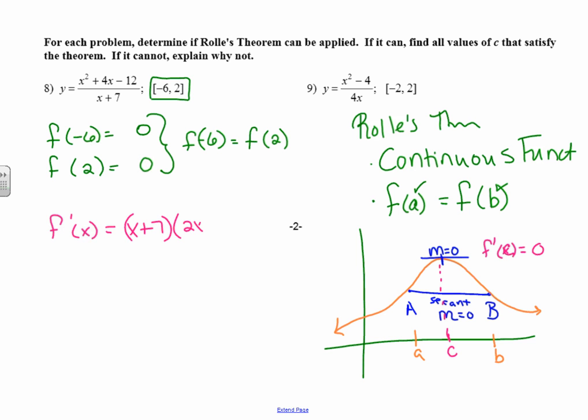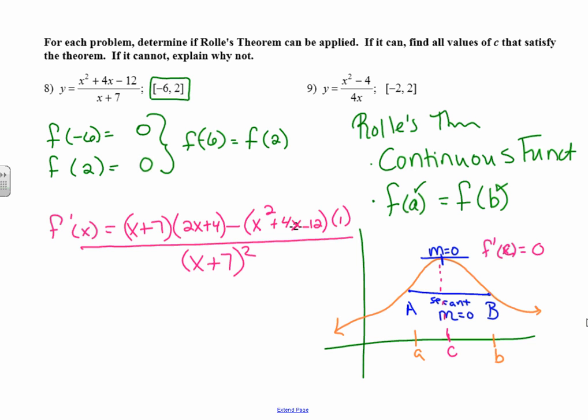Derivative of the top is 2x plus 4 minus high times derivative of the low, which is just a 1, all over low squared. Then do a little bit of work on that, and it simplifies into x plus 10 multiplied by x plus 4 all over x plus 7 quantity squared. There's our first derivative.